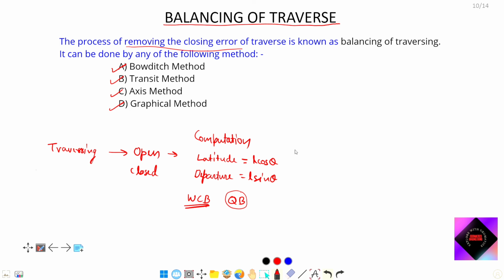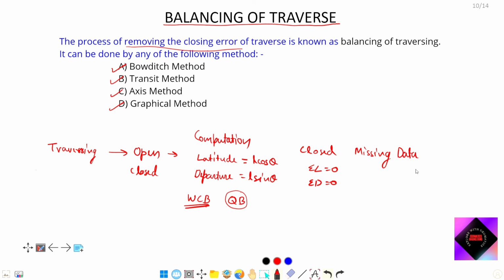And next we have learned that for a closed traverse, summation L equals 0, summation D equals 0. And with the help of this, we can calculate missing data in our traversing.